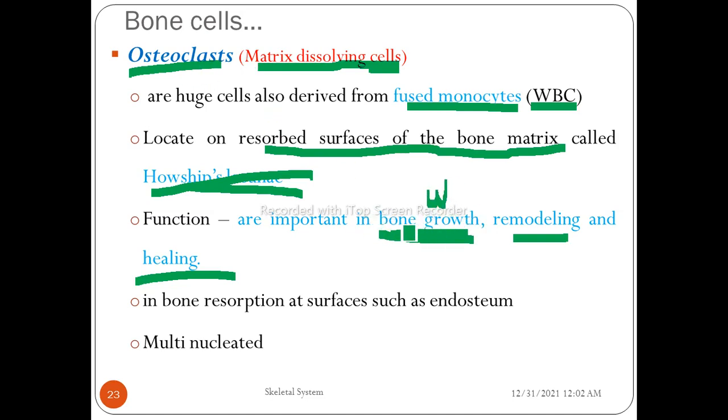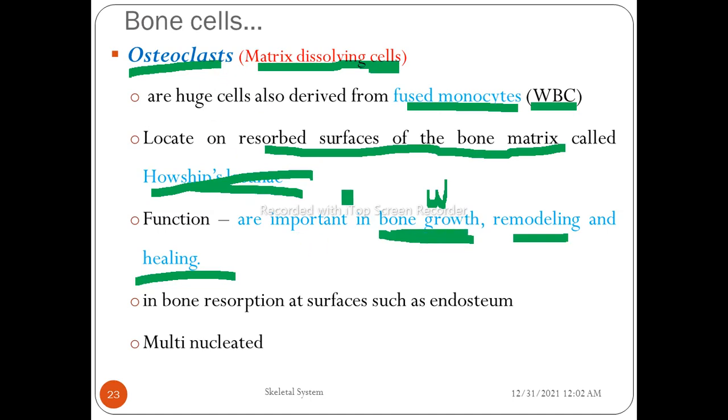Osteoclasts are important for growth in width, whereas the epiphyseal line is important for bone growth in length.